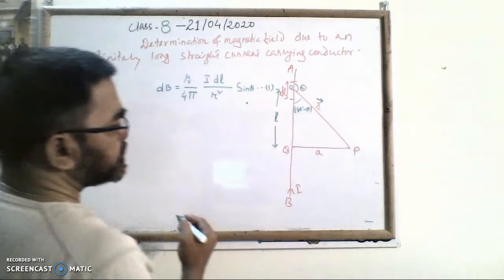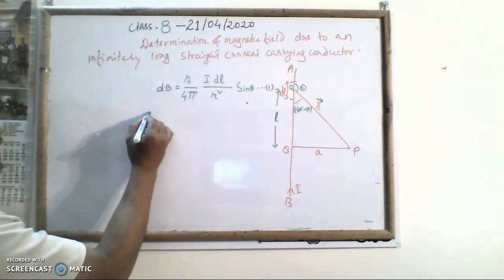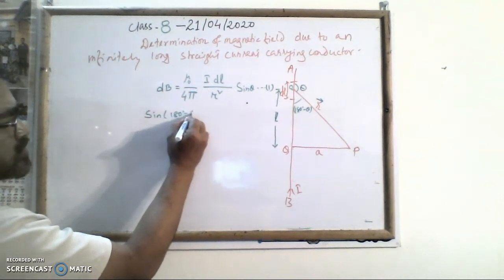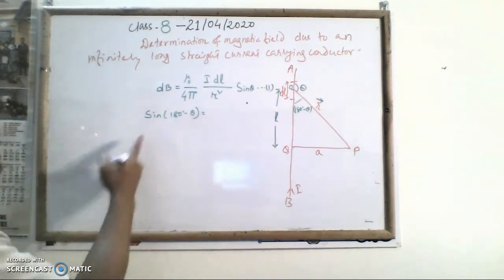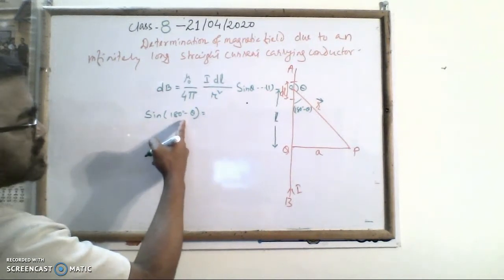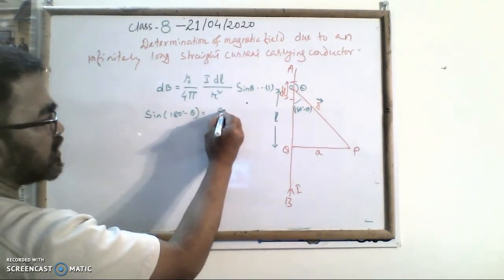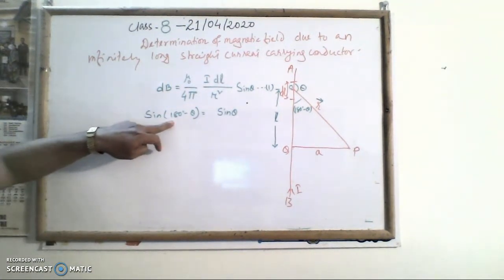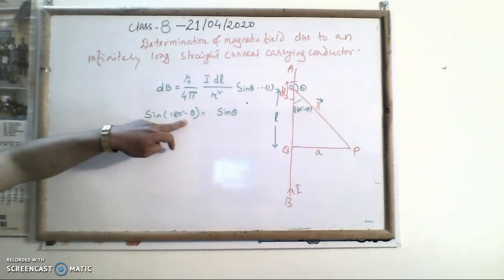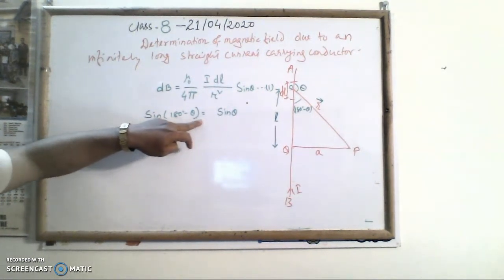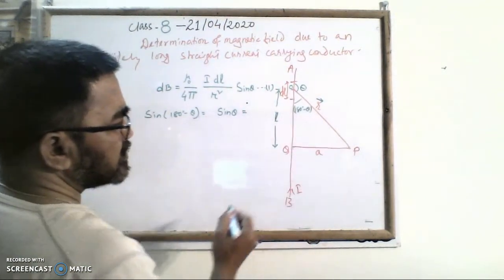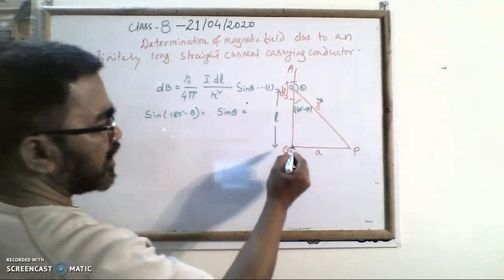In this figure, if we find sine of 180 degree minus theta, according to trigonometry it will be again sine theta, right? So sine 180 minus theta is nothing but sine theta, which from this triangle is perpendicular by hypotenuse.